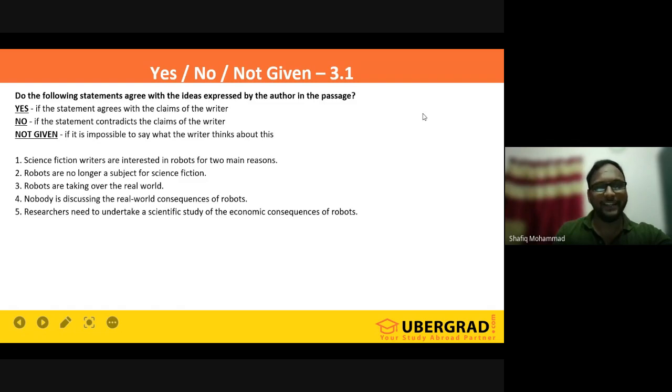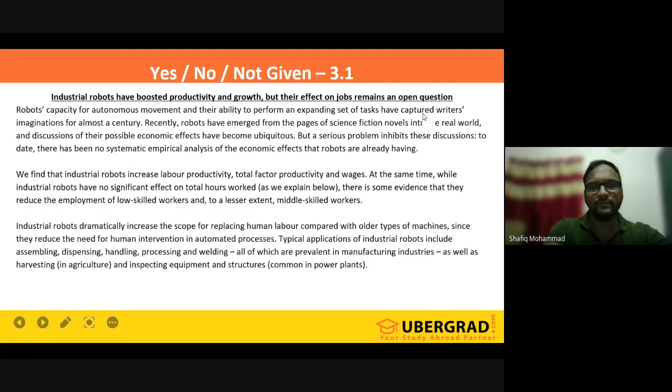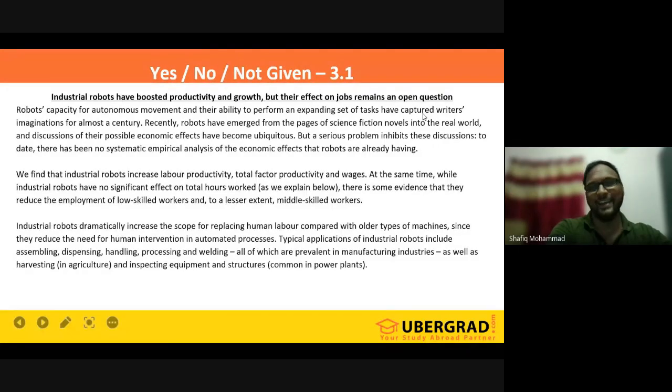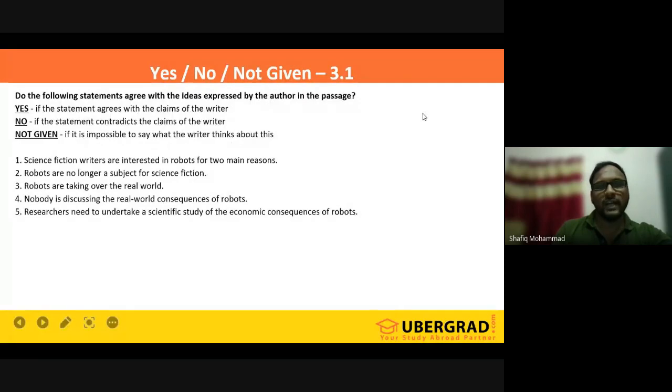I'm really happy. This third one: robots are taking over the real world. So are they taking over the real world? The answer they've given is 23 votes for yes, which is the majority. Oh, okay, it should be not given, guys. So are they really taking over the real world?